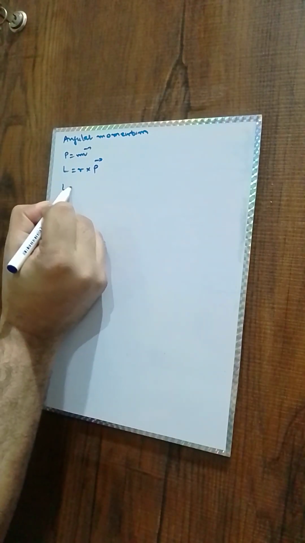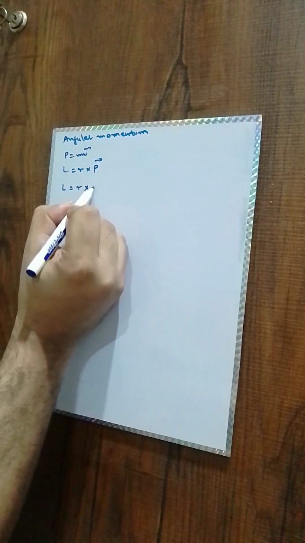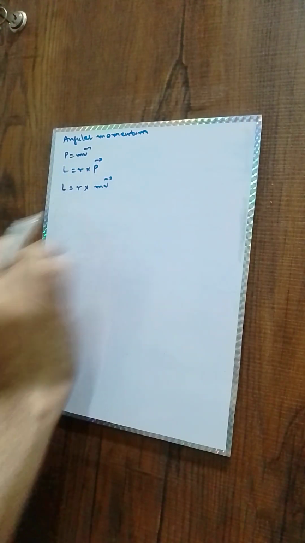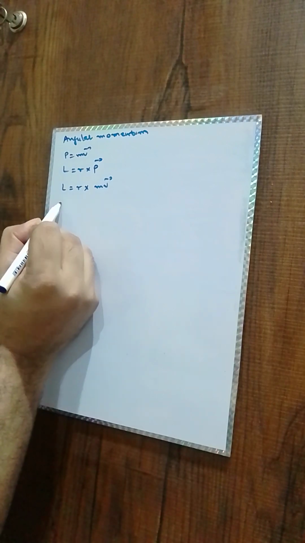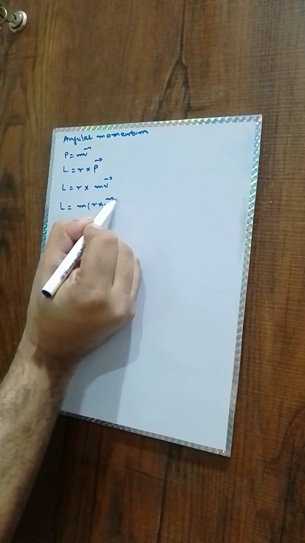So we make the substitutions. L is equal to r cross mv. And we go further with this, which says that L is equal to m r cross v.